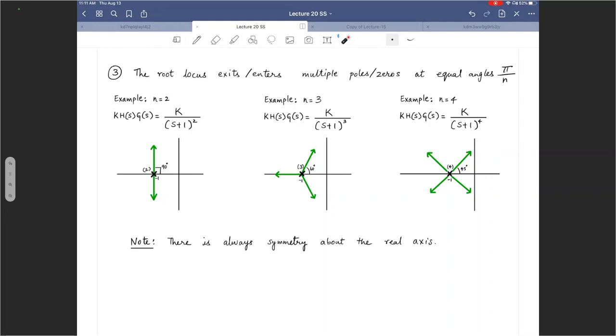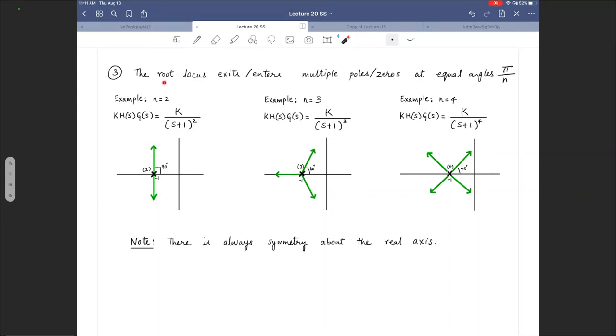Now, for all these examples, we are assuming that our starting poles and zeros are all real. The poles could go into the complex plane, which means that the root locus could be in the complex plane. However, when k is 0, we are assuming that the poles are on the real axis, the zeros are on the real axis, or they could be at infinity, right?